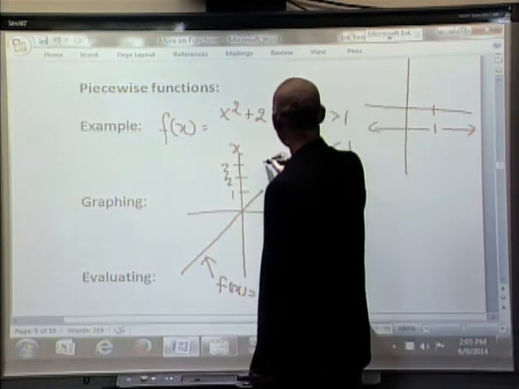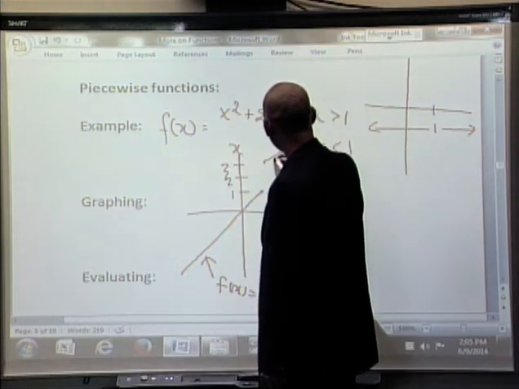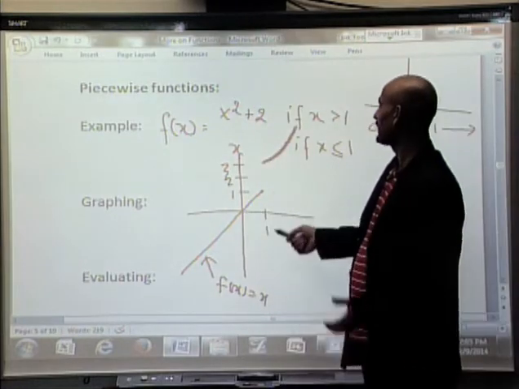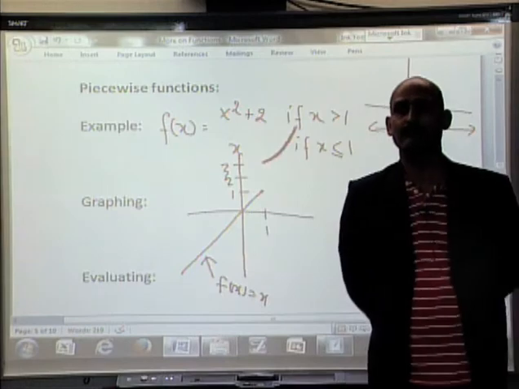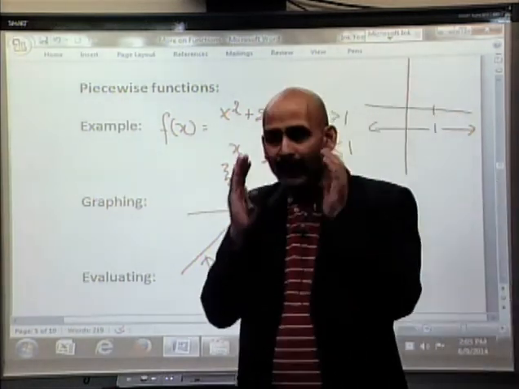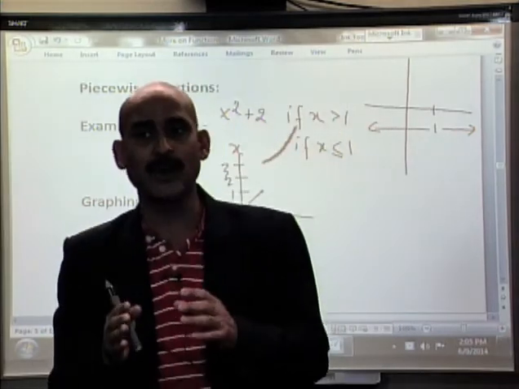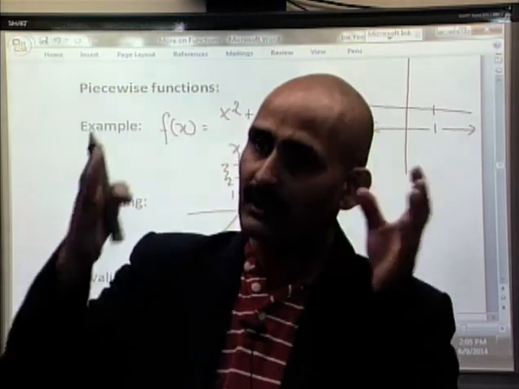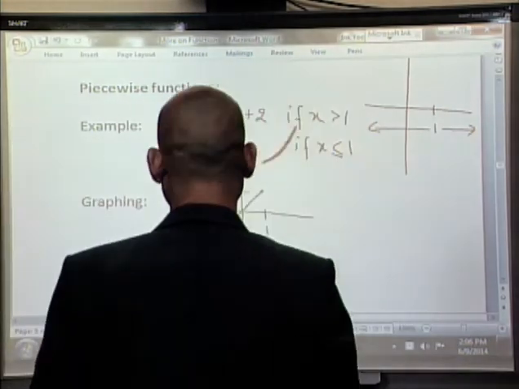So, I will get a point here. So, in this region the graph will be something like this. So, this is basically the graph of the function, meaning that if we want to graph a piecewise function, graph the corresponding function in the corresponding pieces.